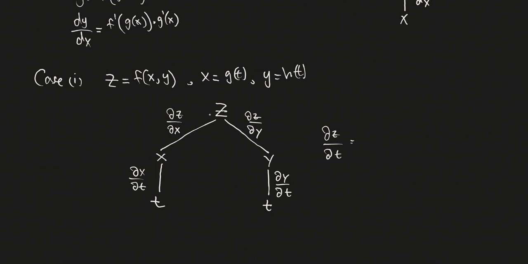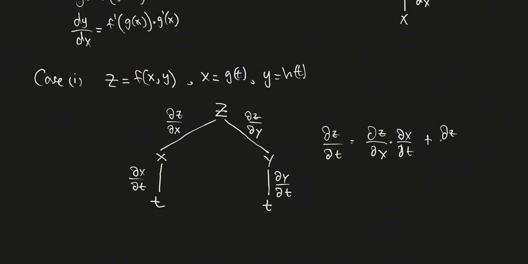The rate of change of z with respect to t is equal to the product of dz/dx times dx/dt. So that's one path. Or, and that becomes a plus, the other path now is dz/dy times dy/dt.